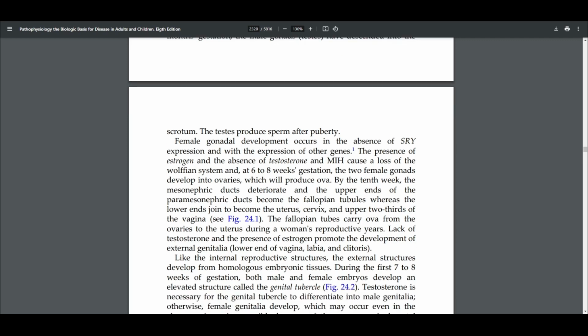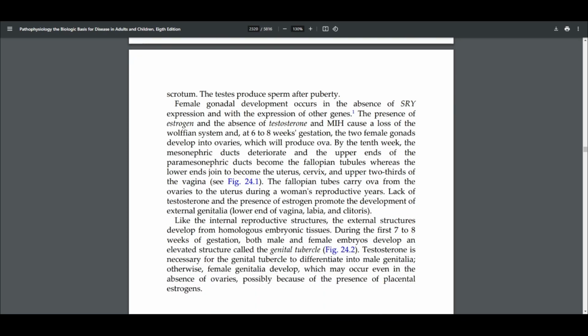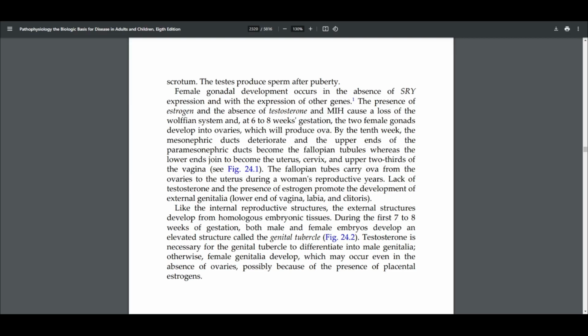Female gonadal development occurs in the absence of the SRY expression and with the expression of other genes. The presence of estrogen and the absence of testosterone and MIH cause a loss of the Wolffian system, and at 6 to 8 weeks gestation, the two female gonads develop into ovaries, which will produce ova.